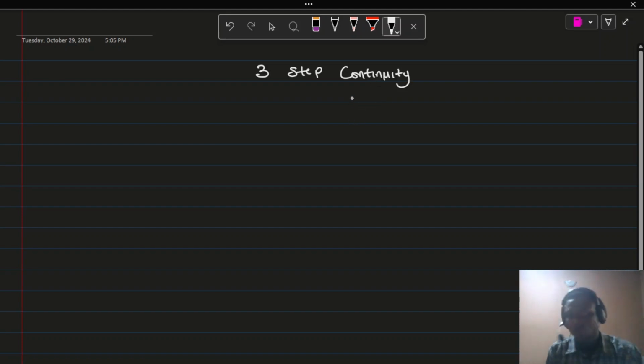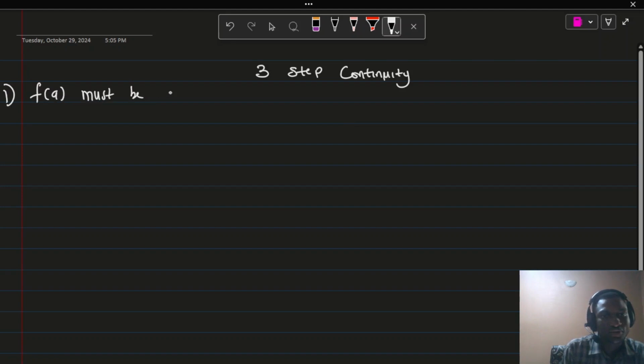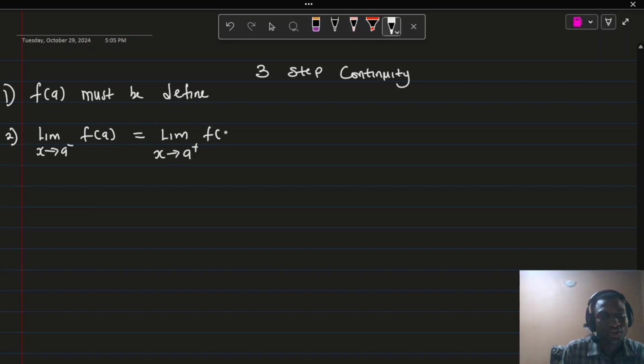Alright, so when it comes to 3-step continuity, the first step that we must do is f of a must be defined. Number 2 is that the limit as x approaches a from the left hand side of a must be equal to the limit as x approaches a from the right hand side of a.